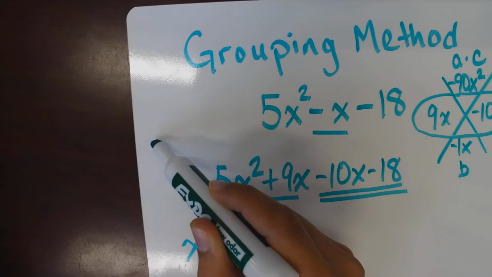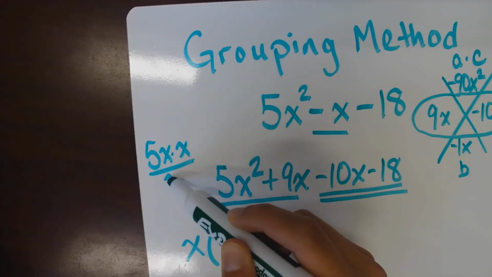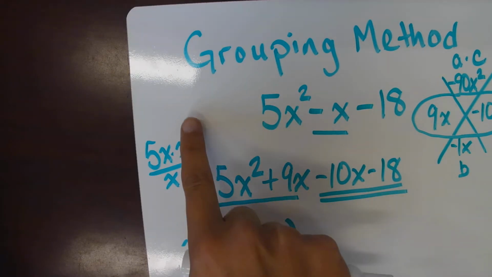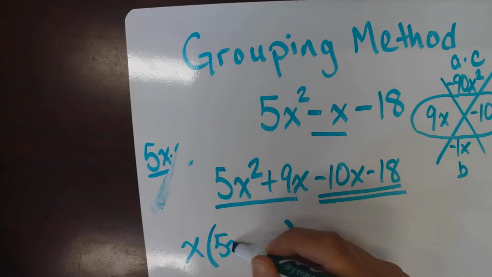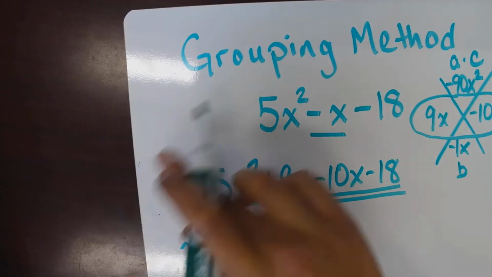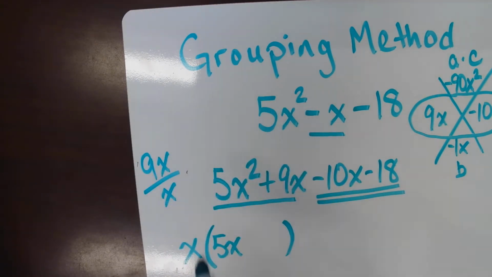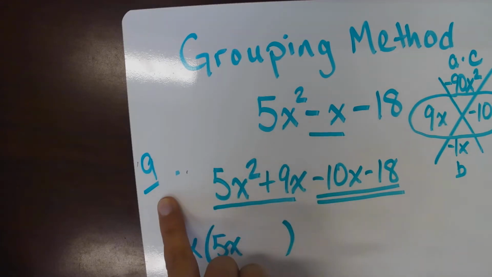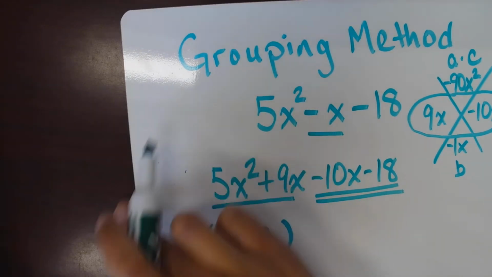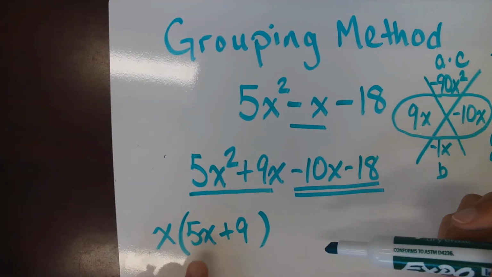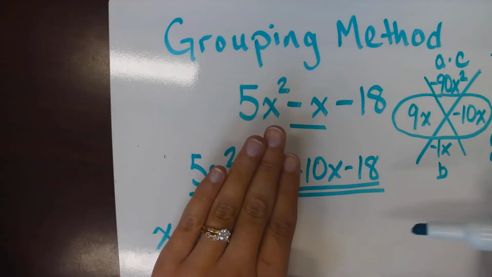So off to the side here, I'm just going to show you 5x squared, that's the same as 5x times x divided by x. These x's would cancel, so that just leaves me with 5x. Okay, looking at the next one, we have 9x, so 9x divided by x. These x's would cancel. I'm just left with 9. So to check that this is correct, x times 5x gives me what's above, x times 9 gives me what's above.